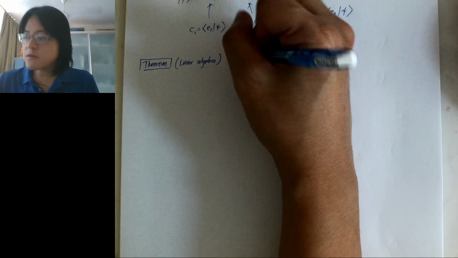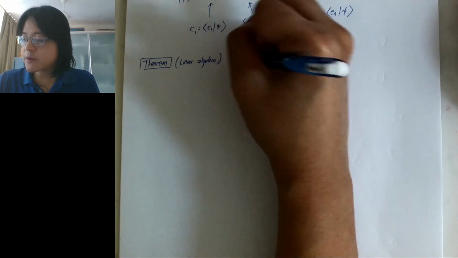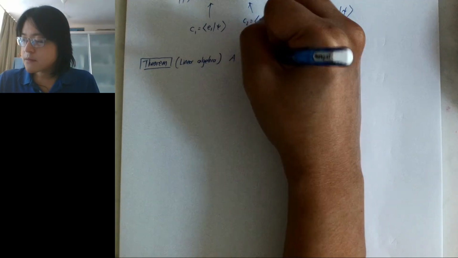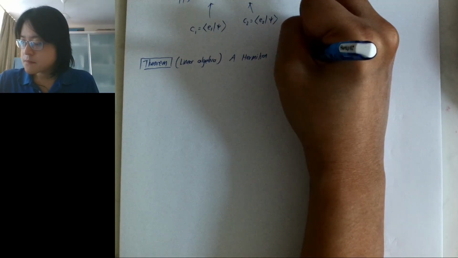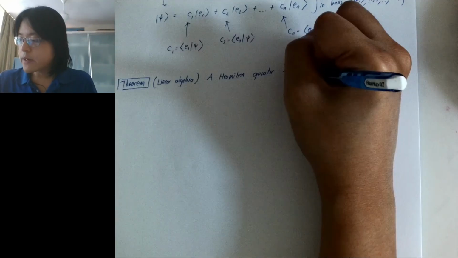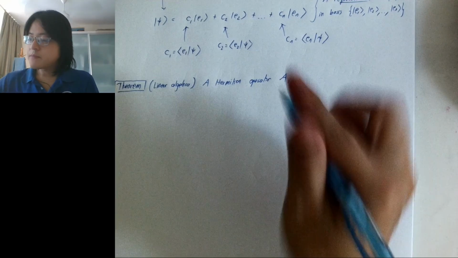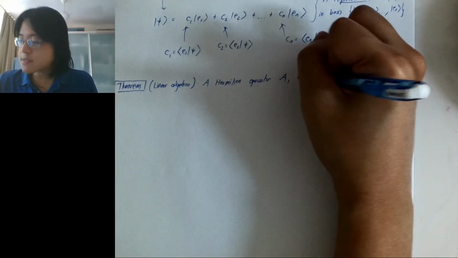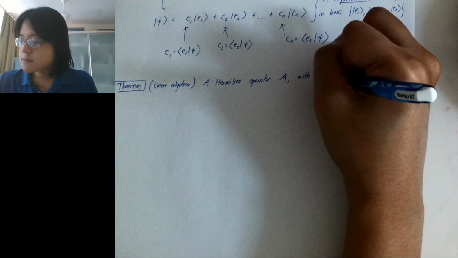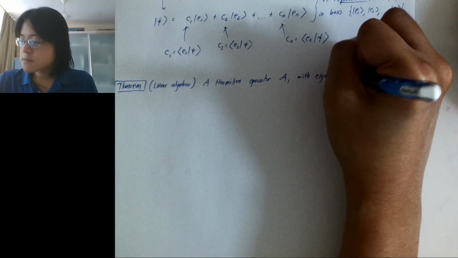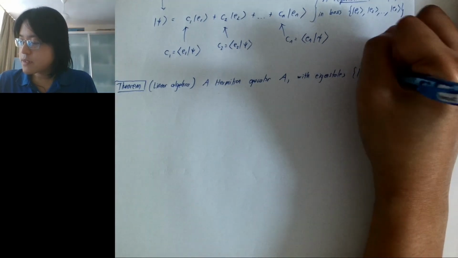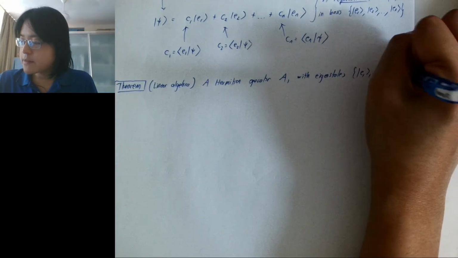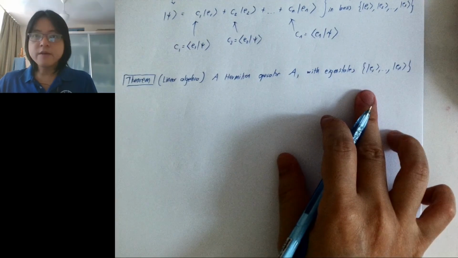Given a Hermitian operator A, and it has eigenstates, let's call this E1 to En. So it has eigenstates E1 to En.